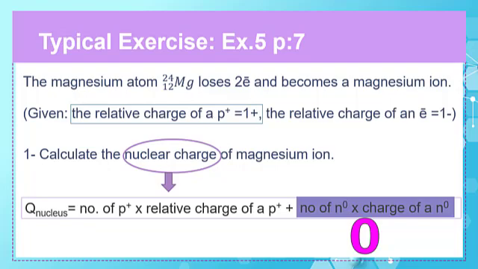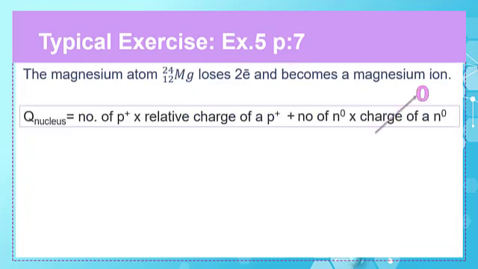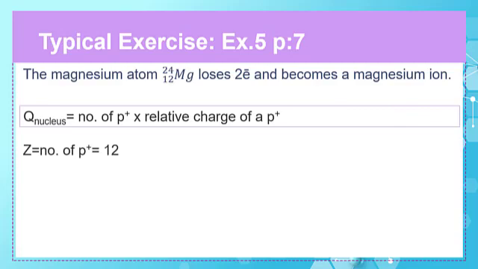Therefore, we still have to search for the number of protons. In the rule, this part will be 0, so the number of protons is equal to Z, which is 12. And then the Q of the nucleus will be 12 times 1 plus, which is 12 plus.